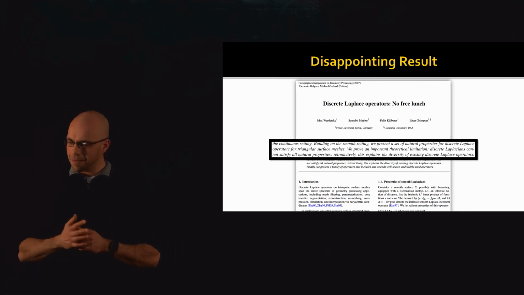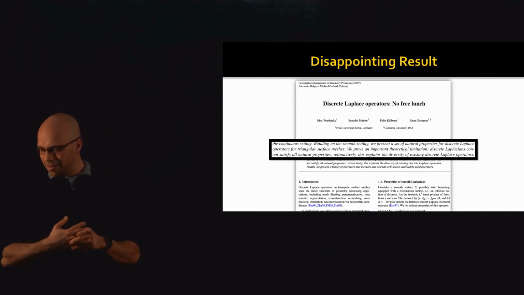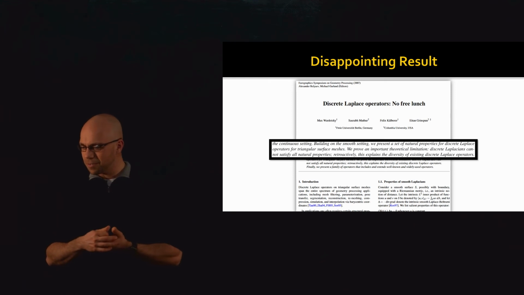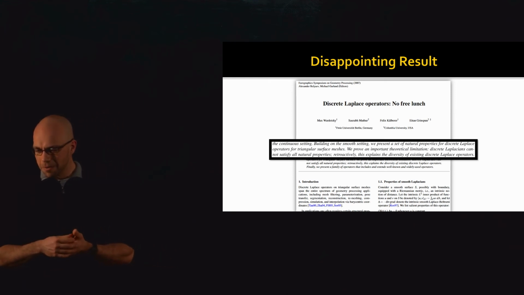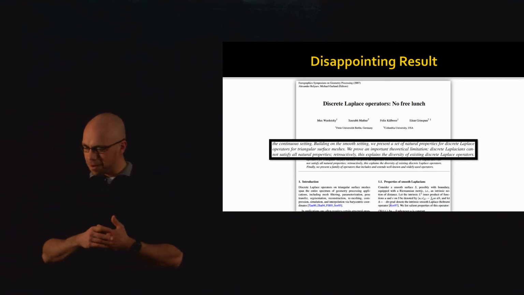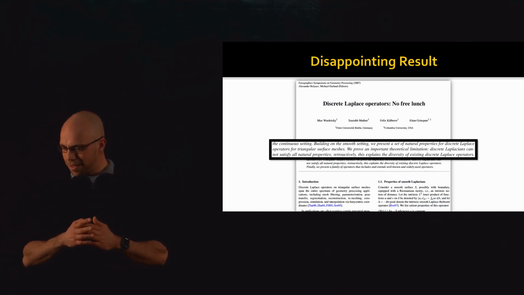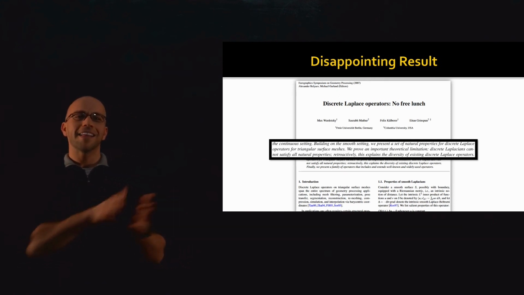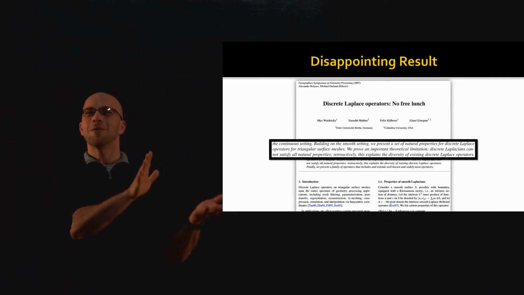So here in this paper, it says, building on the smooth setting, we present a set of natural properties for discrete Laplace operators for triangular surface meshes. We prove an important theoretical limitation. Discrete Laplacians cannot satisfy all natural properties. Retroactively, this explains the diversity of existing discrete Laplace operators. Now, that last little tag, I think, is what's so cool about this domain.